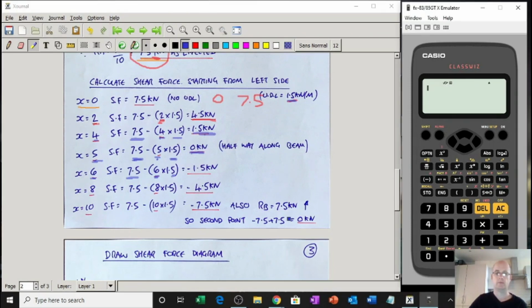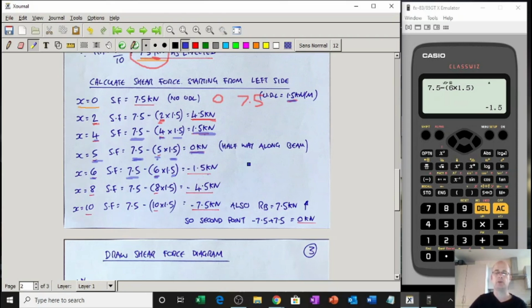You will see it's a bit symmetrical, look, because it's a uniform load. So 7.5 take away 6 times 1.5 gives me minus 1.5. Don't forget the minus. So at x equals 6, I've got a minus shear force now.